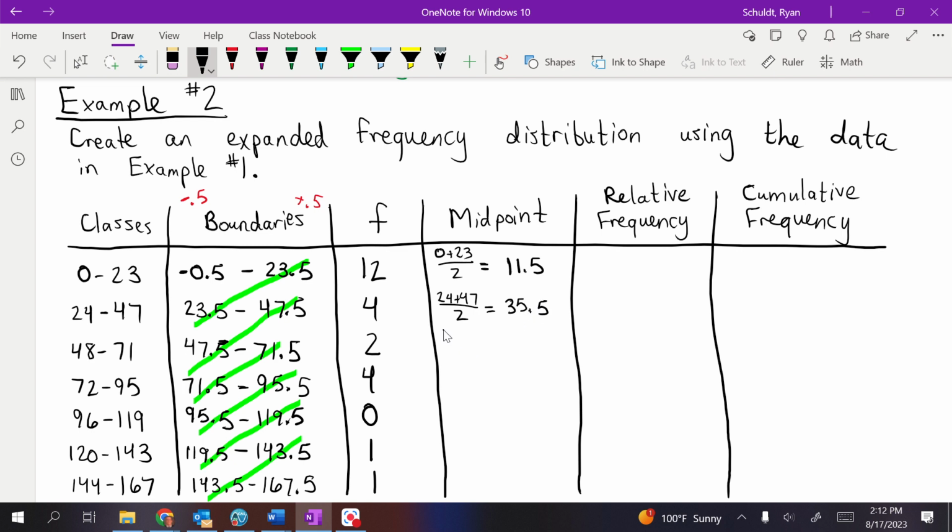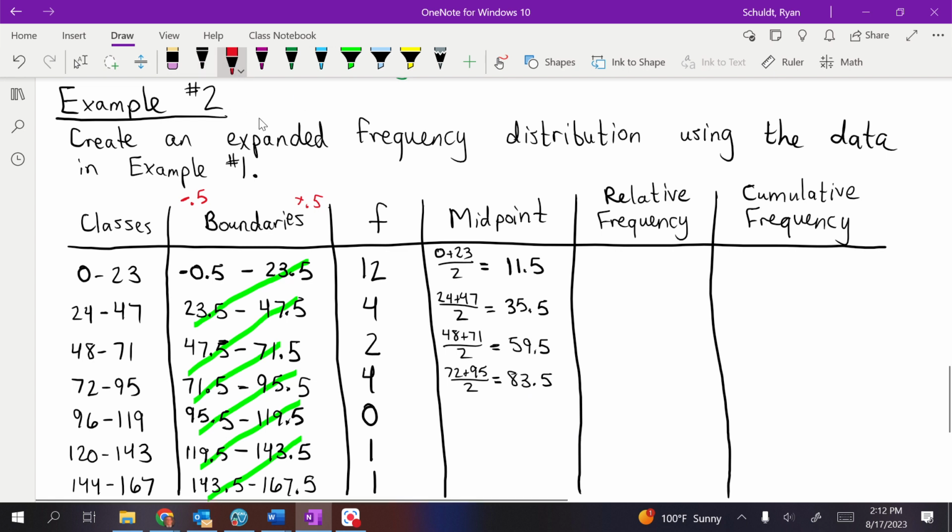And then we do 48 plus 71 divided by 2. 72 plus 95 divided by 2. You have 83.5. Okay, I'm gonna pause here for a second.